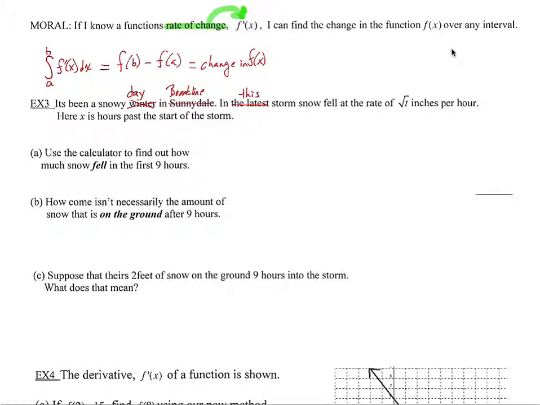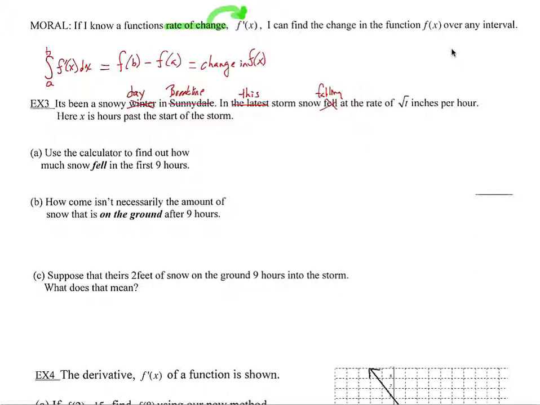In this storm, snow is falling at a rate of square root of t. And here we're measuring x in hours since the start of this storm, and given the robocall that I just received from the town of Brookline saying that there was going to be a snow emergency starting at 6 o'clock Wednesday morning, then we could say that x equals 0 is defined as 6 o'clock Wednesday morning.